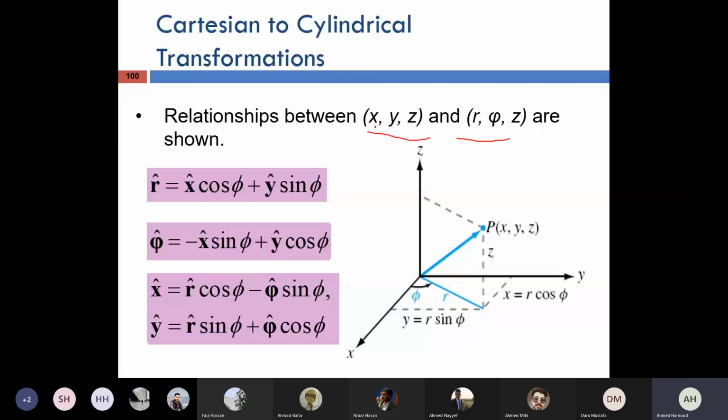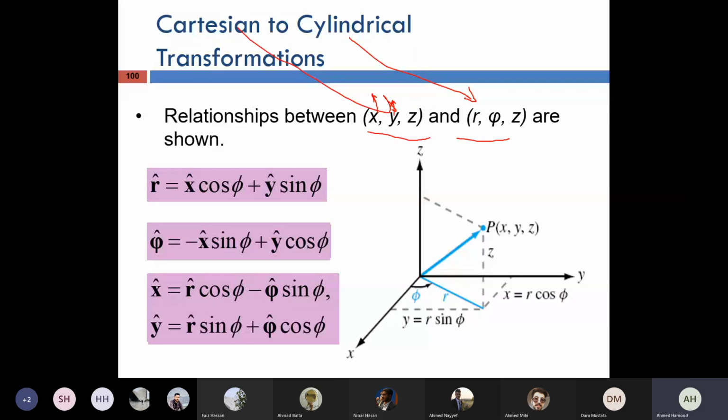How do I know this is Cartesian? I see this is a Cartesian coordinate because I have the variable x, variable y, and variable z. And the second set of variables is what? r, phi, and z. So these variables represent the cylindrical coordinates.